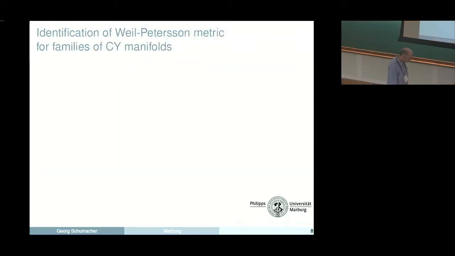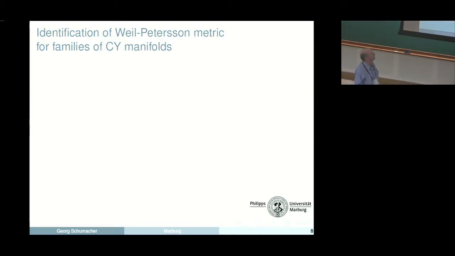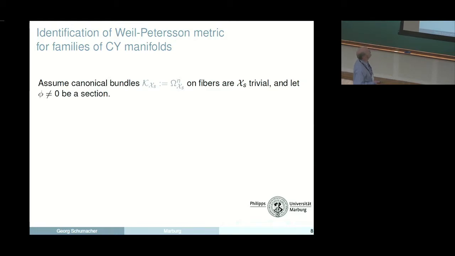So in the case of families of Calabi-Yau manifolds, one is able to identify the Weil-Petersson inner product. And so at this point, we assume that the canonical bundles of the fibers are actually trivial. And we take a section.